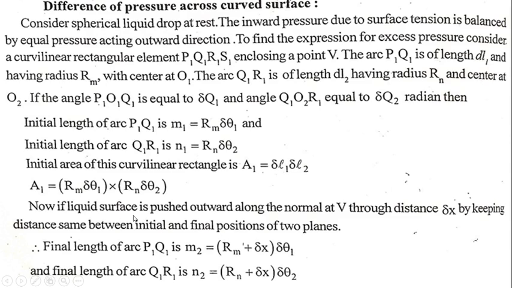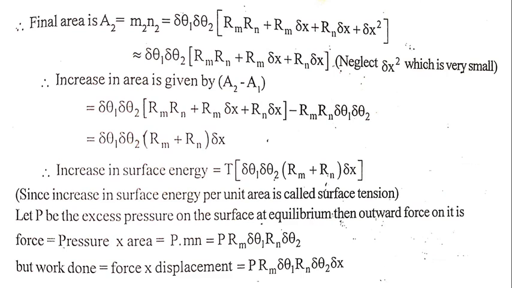So now if the liquid surface is pushed outward along the normal at V through distance delta x, keeping the distance the same between initial and final position of the two planes, then the final length of arc P1Q1 is M2 equal to Rm plus delta x into delta theta 1, and the final length of arc Q1R1 is N2 equal to Rn plus delta x into delta theta 2.